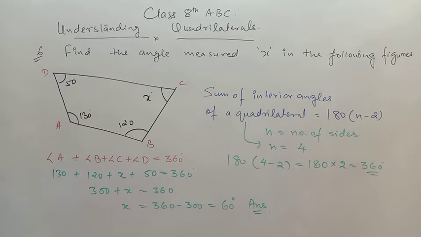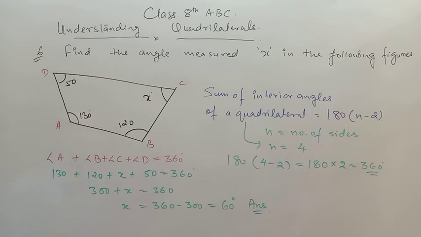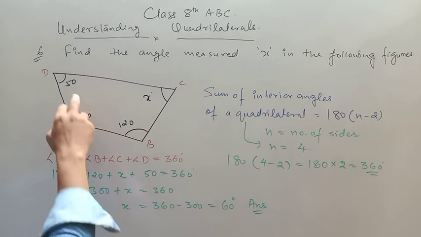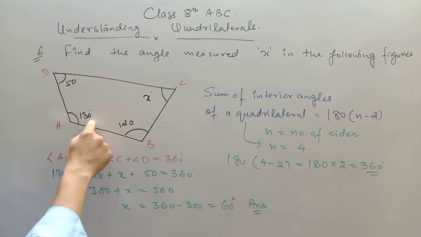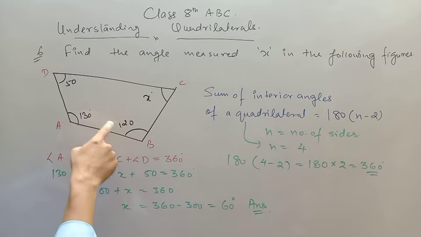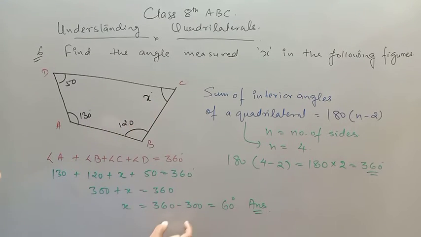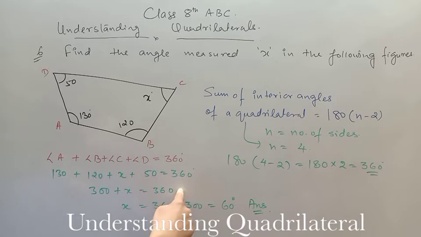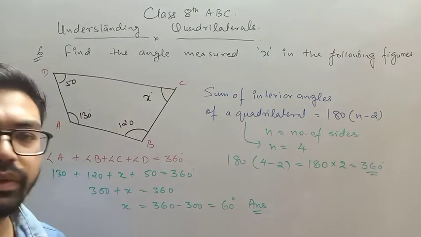That means the sum of all these 4 interior angles is equal to 360. Now, when you add 50 plus 130 plus 120, 50 plus 130 gives 180, and 180 plus 120 gives 300. So 300 plus x is equal to 360. So x is equal to 360 minus 300, which is equal to 60 degrees.